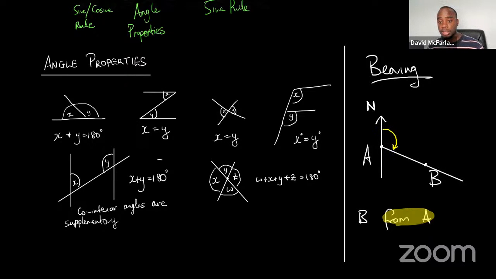This angle would represent the bearing of B from A. So always remember that it's clockwise from the north. Once you remember that for a bearing, then you can't go wrong. You always know where to start. It's not always just an angle. Now, let's keep these things in mind as we go along.